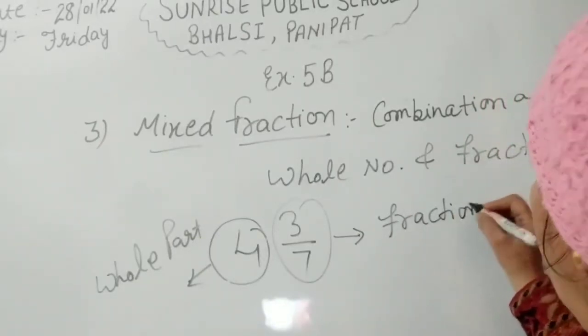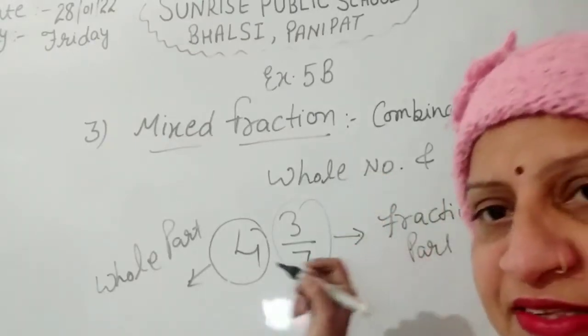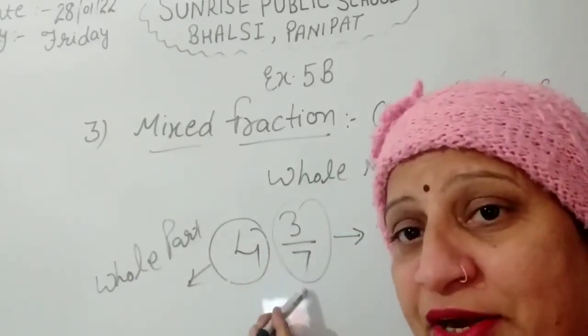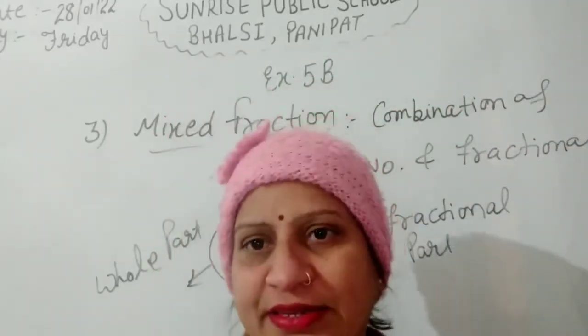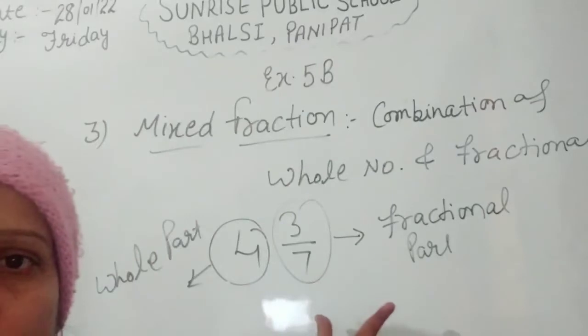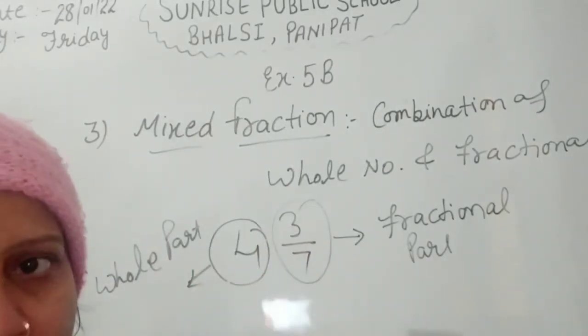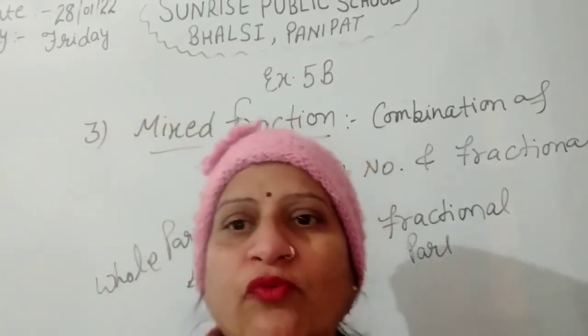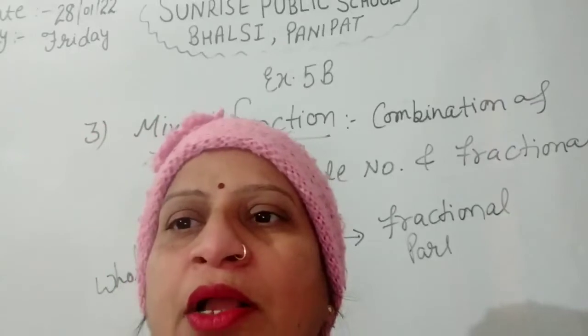Which type of fraction is this? The numerator is smaller than the denominator, so it is a proper fraction. So this fraction is the combination of a whole part and a fractional part. Clear?